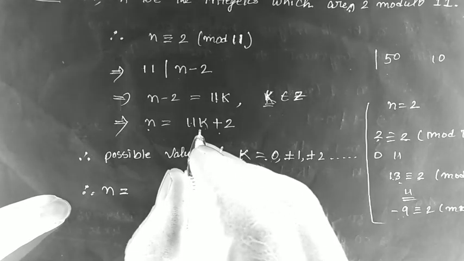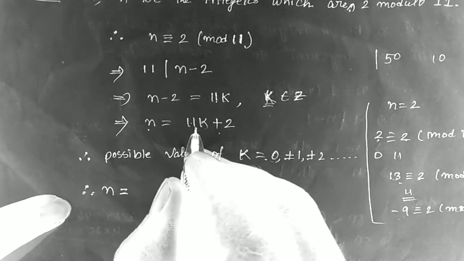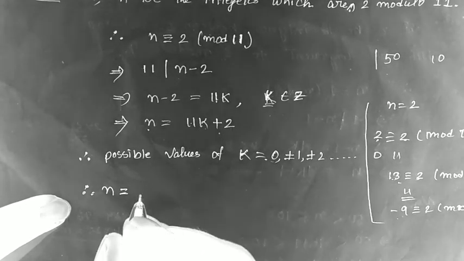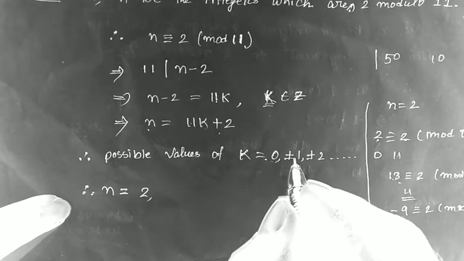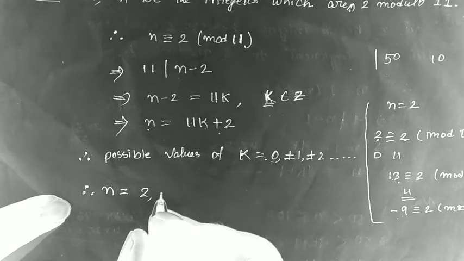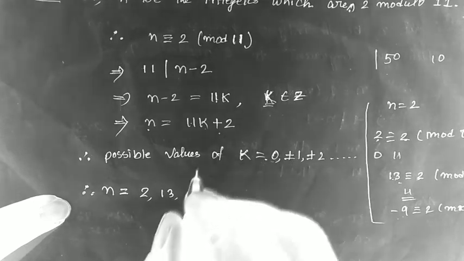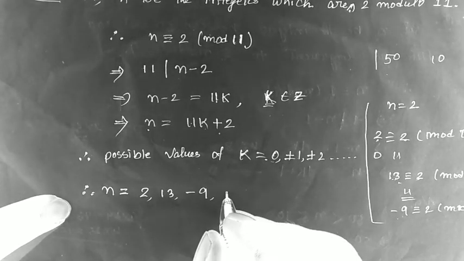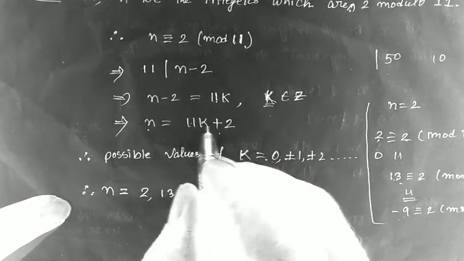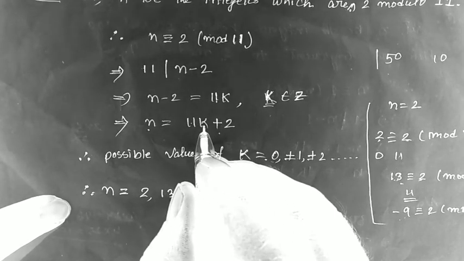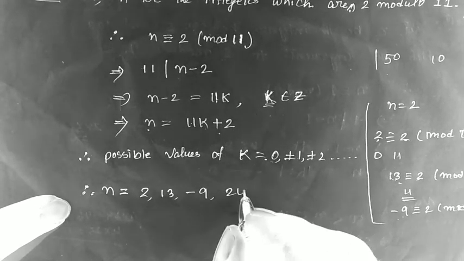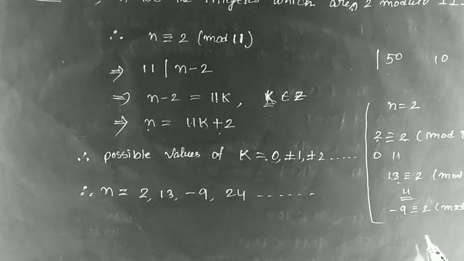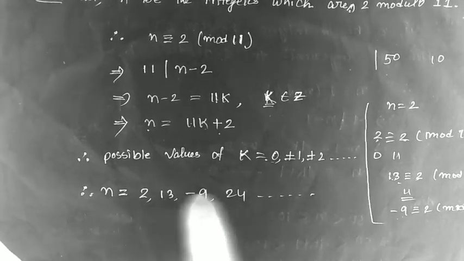if we put 0 here, then 11 into 0 plus 2, 2. If we put 1, then 13. If we put minus 1, then minus 9. If we put 2, then 11 into 2, 22, plus 2 is 24. So in this way all these types of values are possible for n.